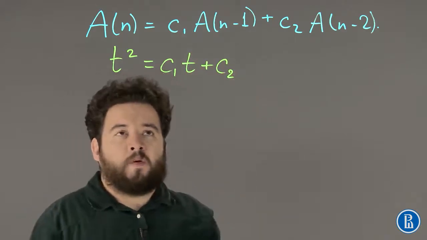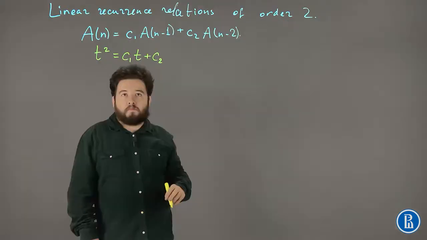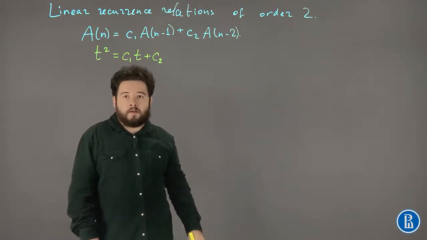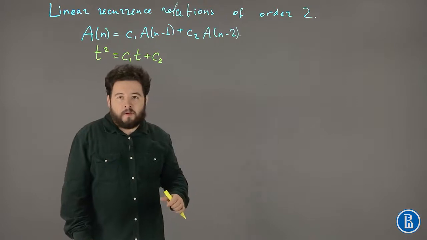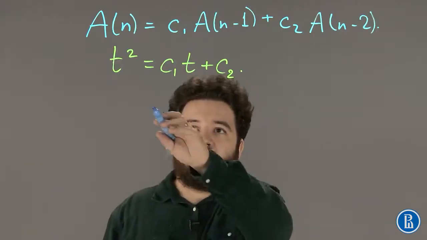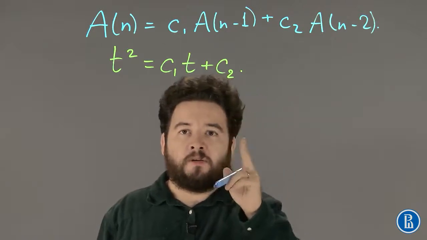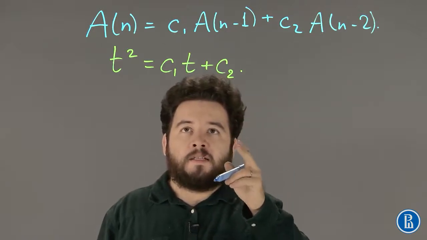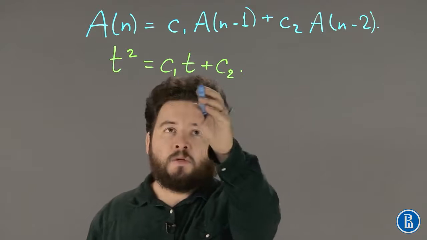t squared equals C1 t plus C2. So this is a quadratic equation, and you can use the formula you know from high school to find its roots. Suppose that this equation has two distinct roots. That means that its discriminant is not equal to 0.